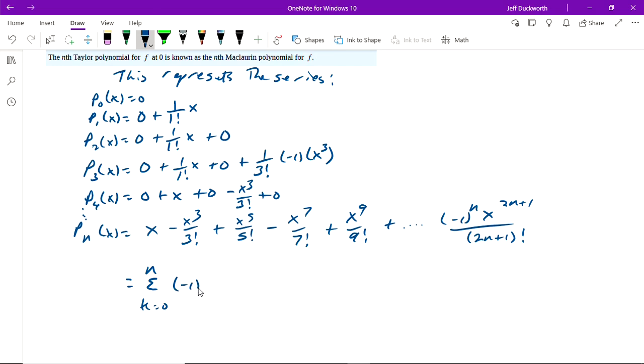And then we have that negative 1 to the k. And then we have our x to the 2k plus 1, all of it. Don't do 2k and then distribute that. And that's all over quantity 2k plus 1 factorial. And that's a representation of sine, and that's how you can find the nth Taylor polynomial.